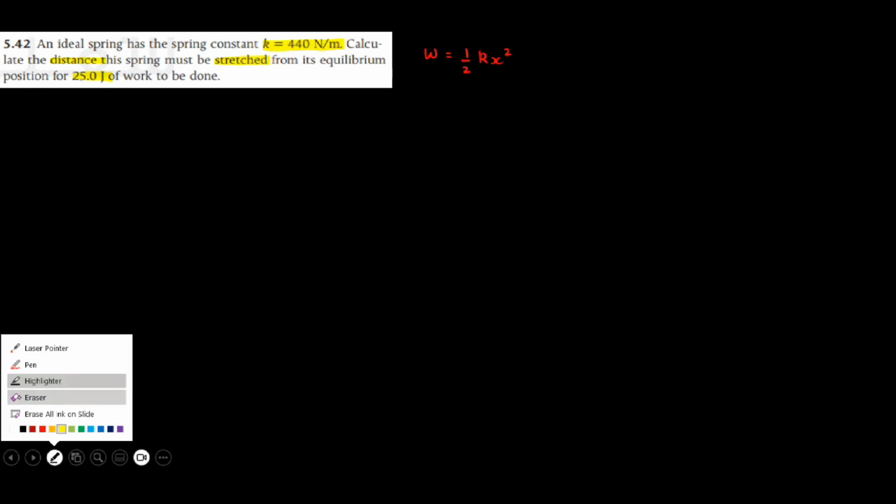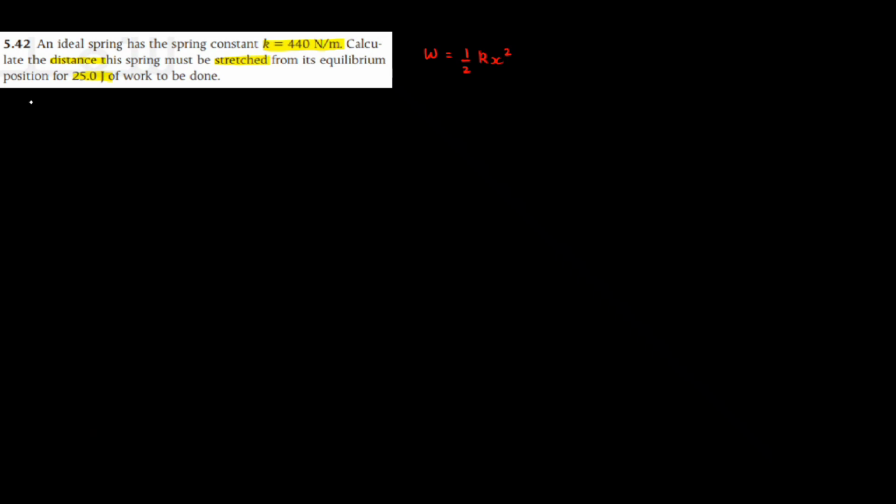Let us write down what the question has given us and what it needs us to find. We have the spring constant k, which is 440 newton per meter. We have the work done, which is 25 joule. We need to find the distance the spring must be stretched, so we need to find x.